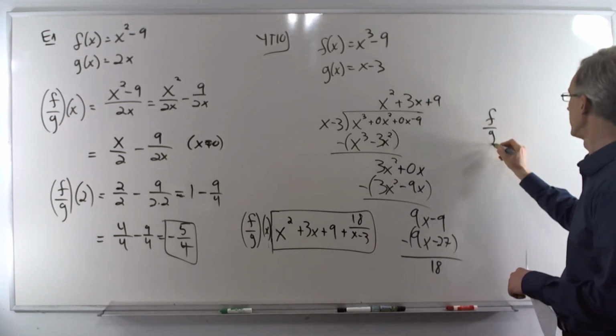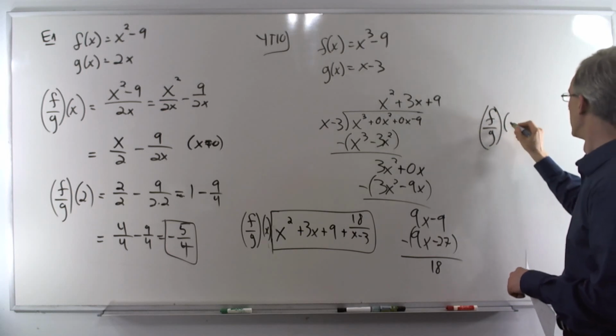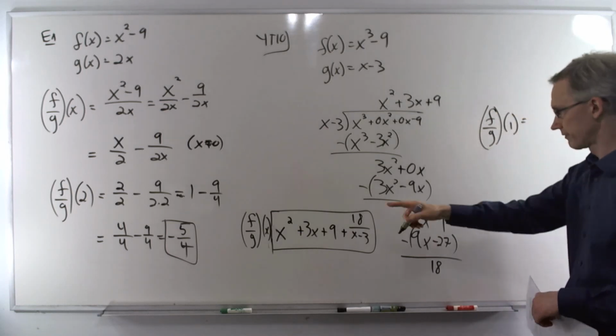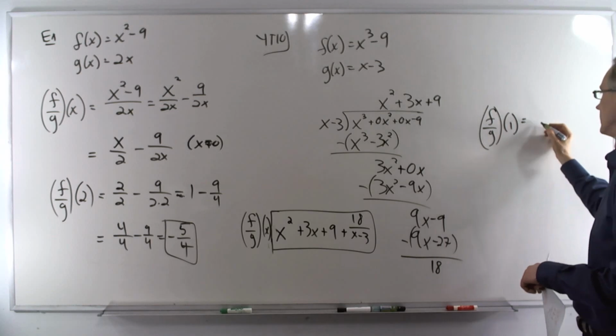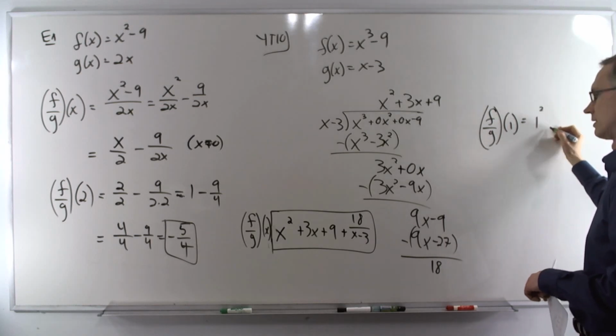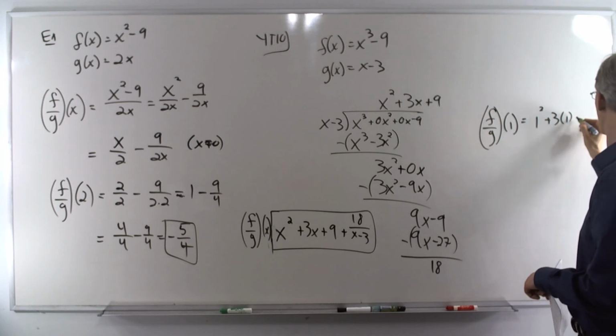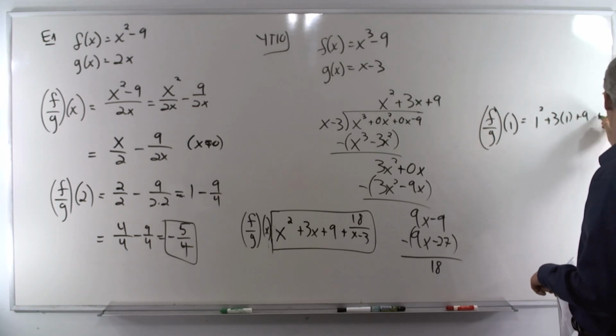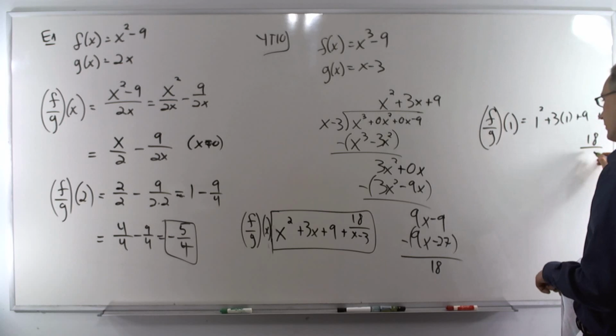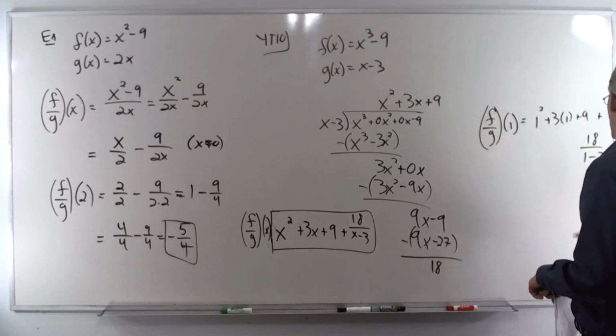So f over g at 1, and yes, it works even with remainders. So we're going to get 1 squared plus 3 times 1 plus 9 plus 18 over 1 minus 3.